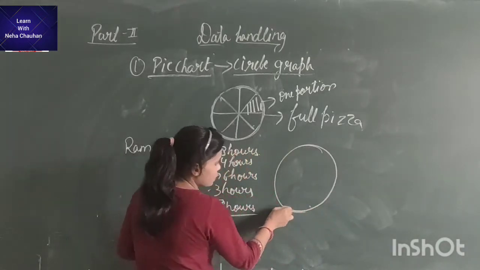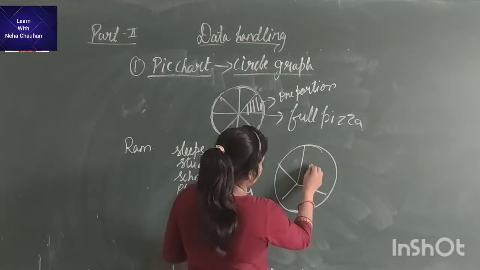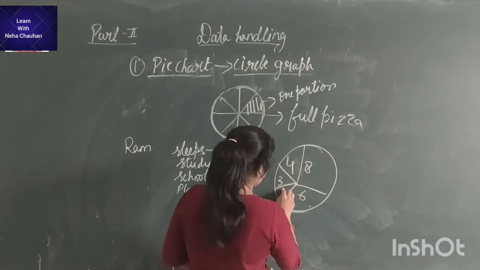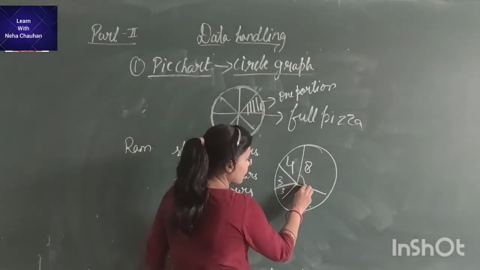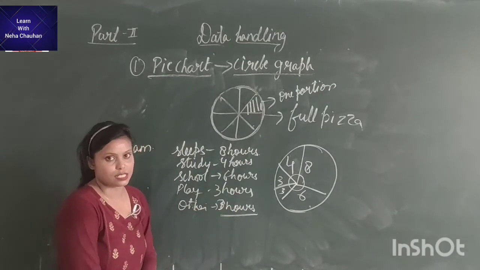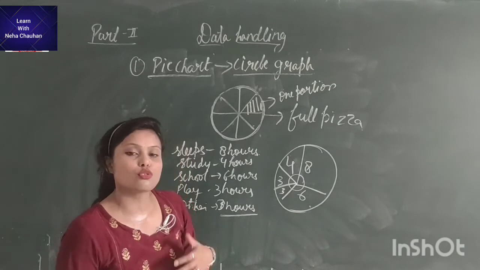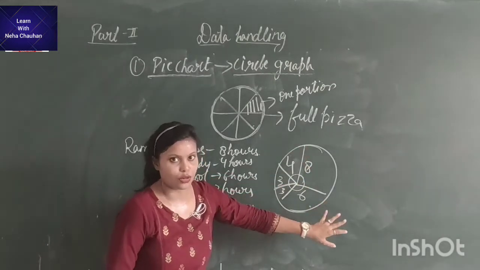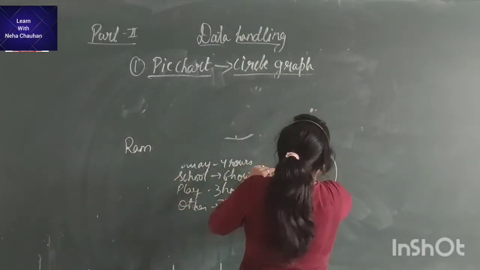We will draw a circle and represent this data like this. But have you noticed the degree of the angle here? How will we find this out? For this, let's take another example in which I will show you how to find the degree, this angle, for the data.